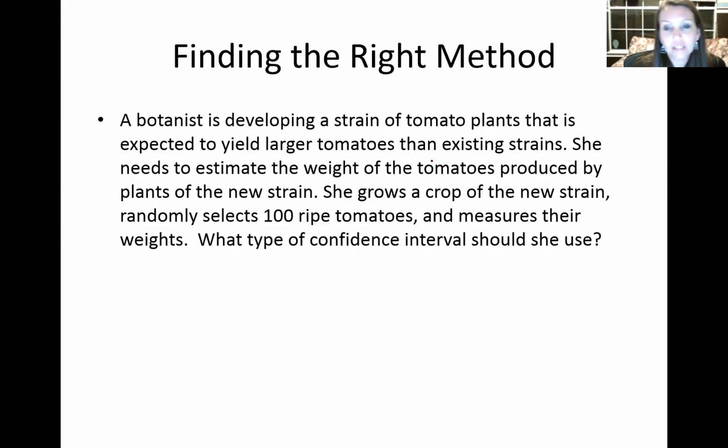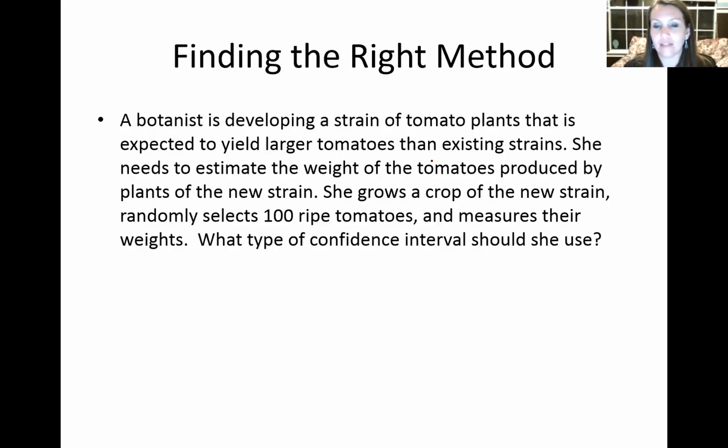Okay, so first thing we want to figure out is, what is it that we're measuring? In this case, we're measuring the weight of the tomatoes. So is weight categorical or quantitative? If you want, up to your little camera, you can give me a C for categorical or a Q for quantitative. All right, perfect. So weight is quantitative, so that means we're dealing with means.